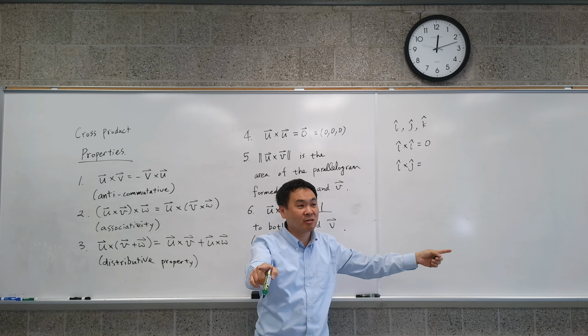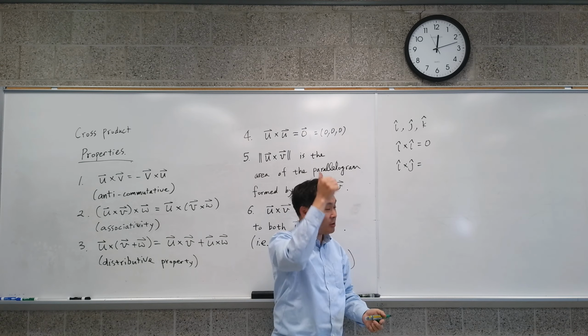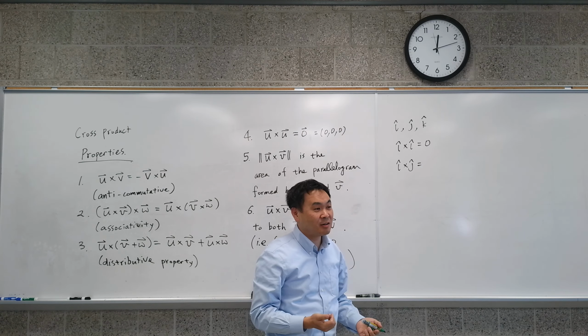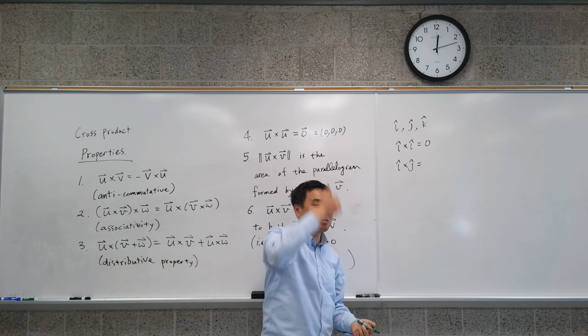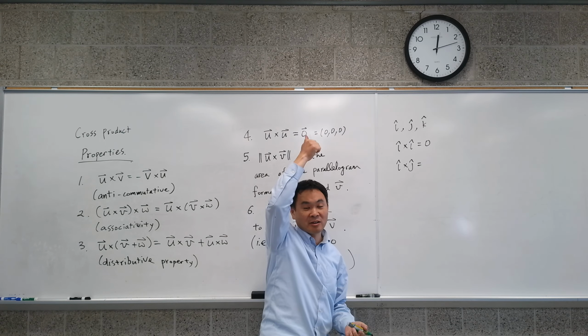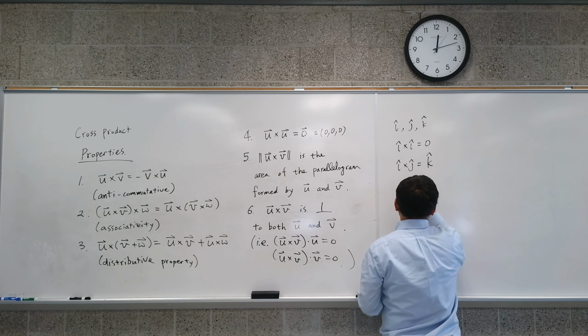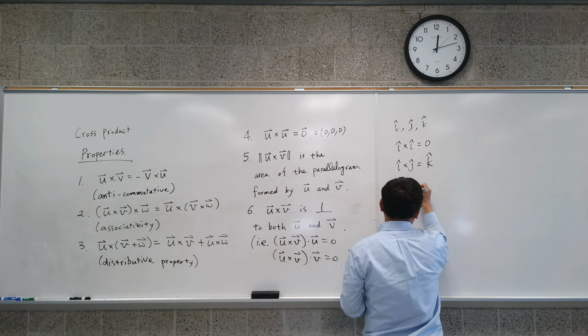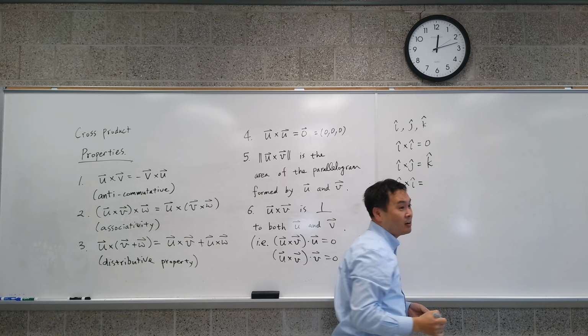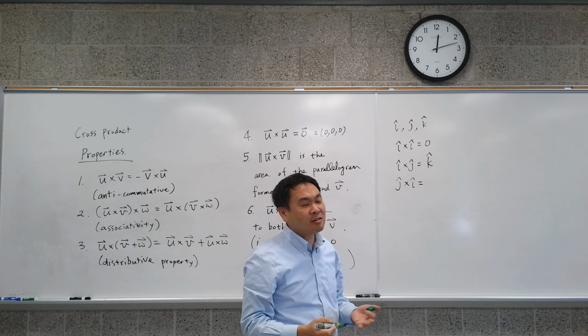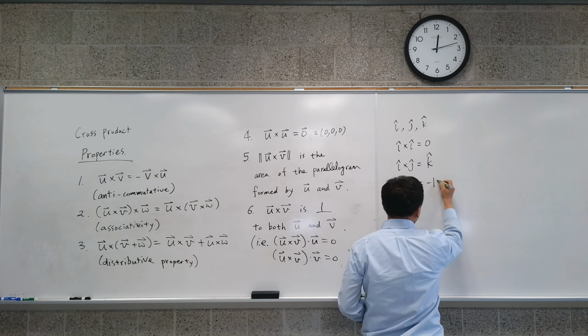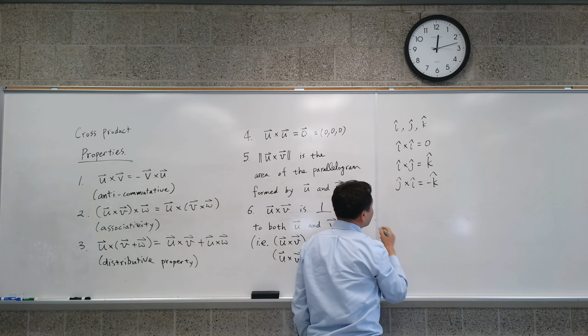Up, right? The right-hand rule goes up. What's the vector that's one step going up? What do we call that? K. Okay, what's J cross I? Negative K, right? We just learned that it's anti-commutative, right?